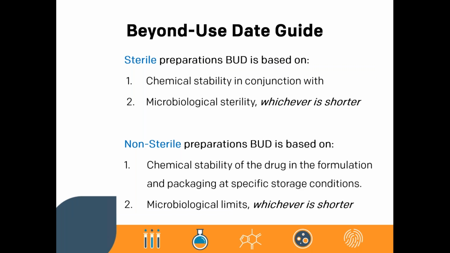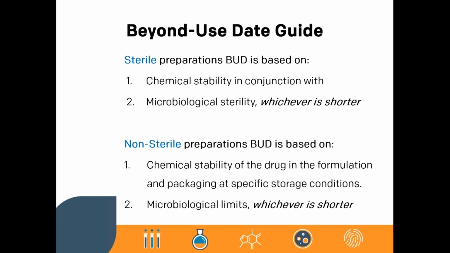Okay, we're also going to be looking at sterile and non-sterile. For sterile preparations, of course, beyond use dating is really based upon chemical stability in conjunction with microbiological sterility, and that's whichever is shorter. That's an important issue, that you might have a substance that is chemically stable for a longer period, but for some reason, due to an integrity breach or lack of a preservative, you need to consider the microbial aspect. Whichever is shorter, that is the shelf life based upon all those factors.